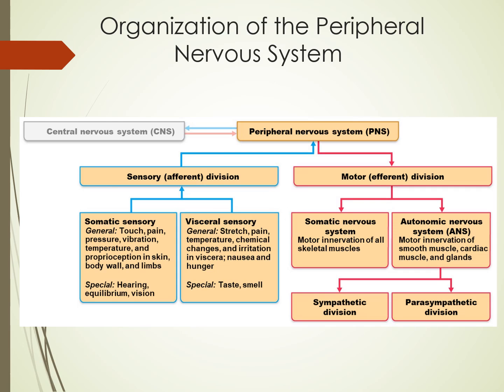Here's that table we looked at in the first lecture, and how we divided sensory and motor into somatic and visceral. Just a reminder, the visceral motor is the autonomic nervous system. We'll have a whole lecture on the autonomic nervous system by itself, so we're not going to talk too much about that today. We're going to talk more about sensory coming in and some of the peripheral nerves of the body as well.